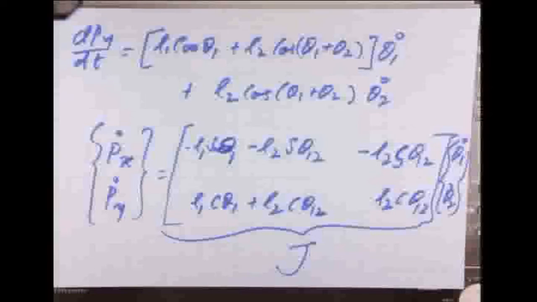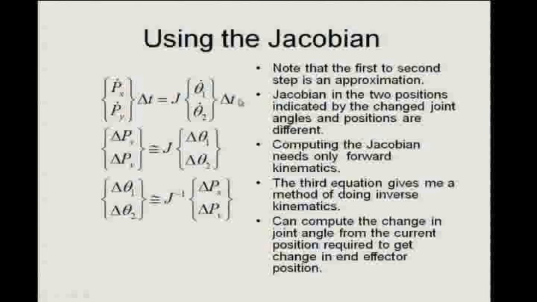So now why do you want to derive that? What we now do is we multiply this side with delta t. Now note, I am not multiplying with dt, I am multiplying with delta t, which is a finite time difference.